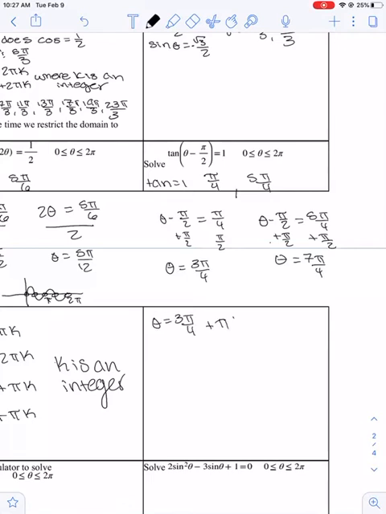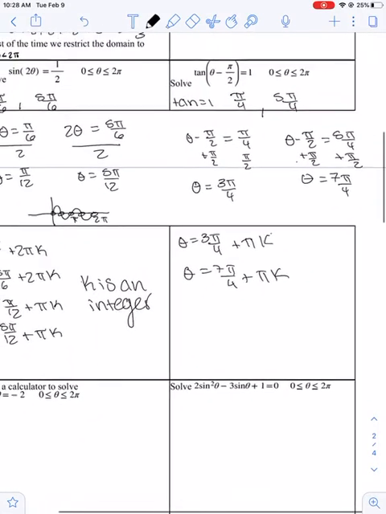So theta equals 3 pi over 4 plus pi k, and theta equals 7 pi over 4 plus pi k. But since the tangent period is pi, going from 3 pi over 4 to 7 pi over 4, these are our 2 different solutions there.